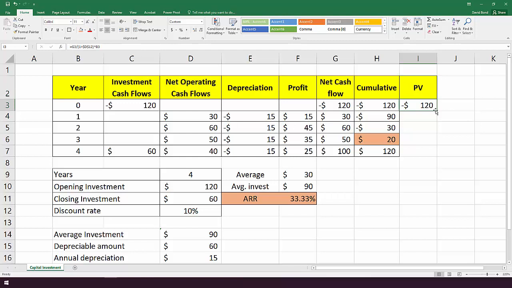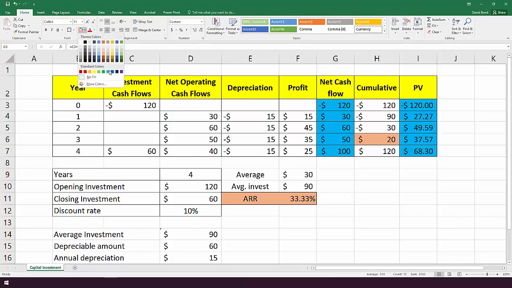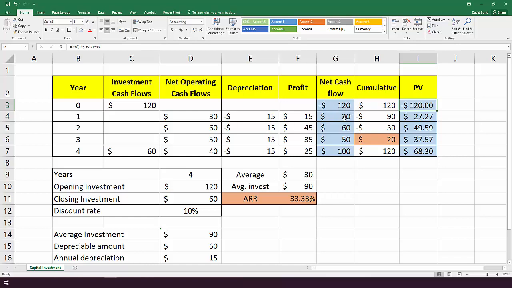And because I've got this set up, I can just drag this down and I'll show the decimal places. I'll also highlight these because we're comparing these two. 120,000 in T0 is equivalent to 120,000. 30,000 in 1 year is the equivalent of having $27,270 in time 0 if you have a rate of 10%.